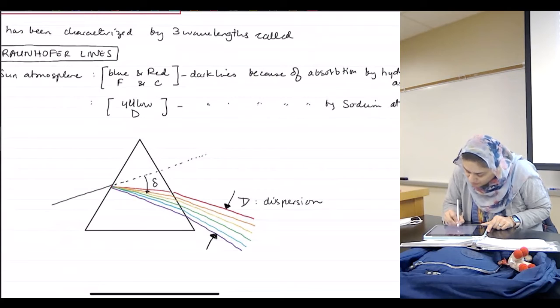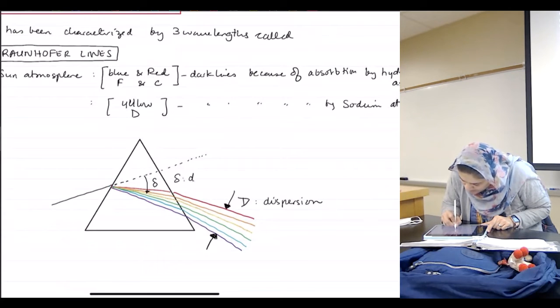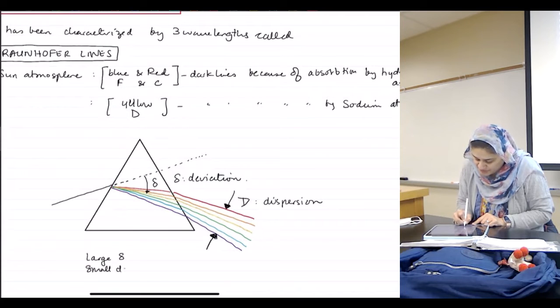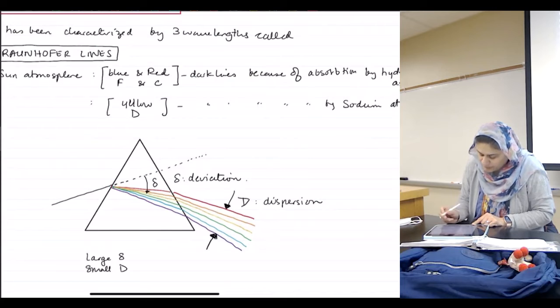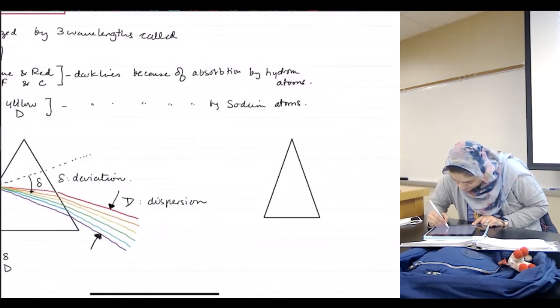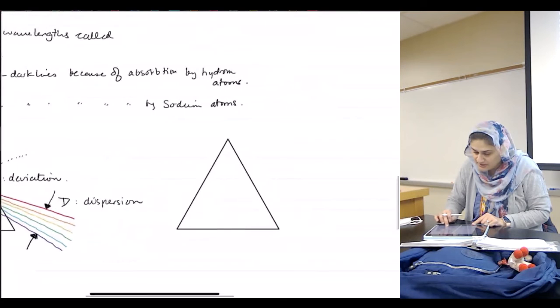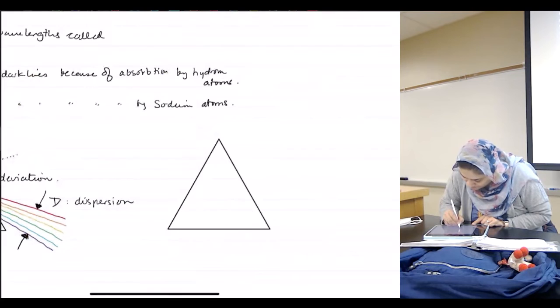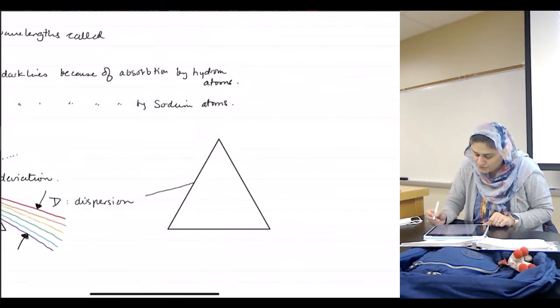So this is called deviation. So this would be the case when we have a large deviation, but a small dispersion. But we could also have a case where an incoming white light could do this.